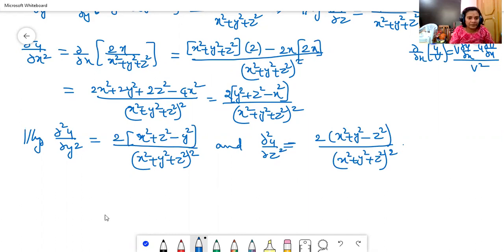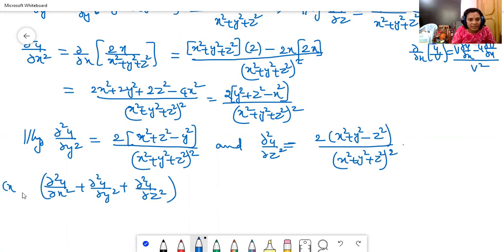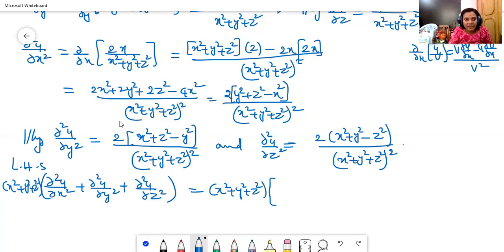What they are asking? Dou square u by dou x square plus dou square u by dou y square plus dou square u by dou z square, it is multiplied with x square plus y square plus z square. That is LHS. We are taking LHS. It is equal to x square plus y square plus z square into, just we can take adding of three functions, dou square u by dou x square, dou square u by dou y square, dou square u by dou z square.